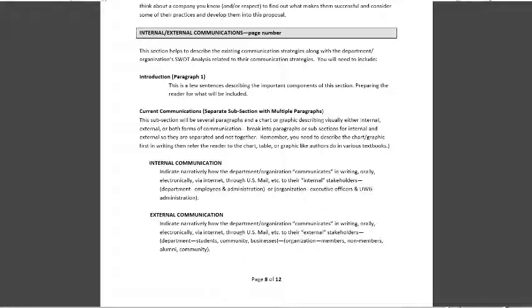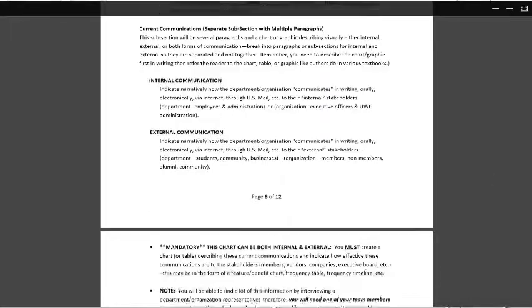So the first thing would be the current communications of the department or organization. Once you go to the organization or you talk to the organization and you find out what they're doing internally and externally, internally meaning with their own employees, and externally how they're dealing with others outside the department or organization, you will give a narrative on how they do it, and you'll have a subtitle on how they do it, and then you'll need to include a chart.